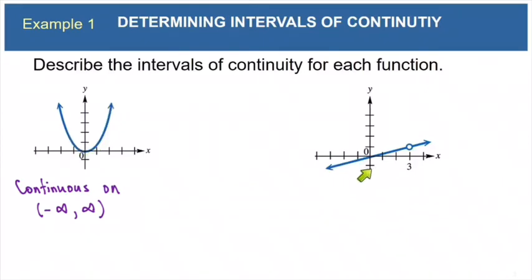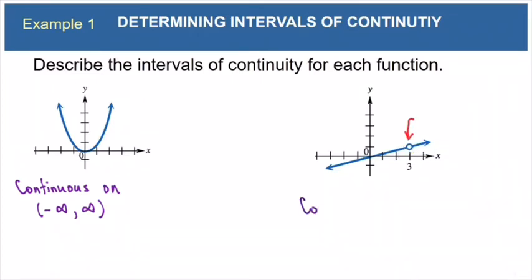This second graph, on the other hand, has a hole at x equals 3. In other words, it has a discontinuity at x equals 3. So this function is continuous on the interval from negative infinity to 3, and then once we get past 3, it's continuous again, so from 3 to infinity.